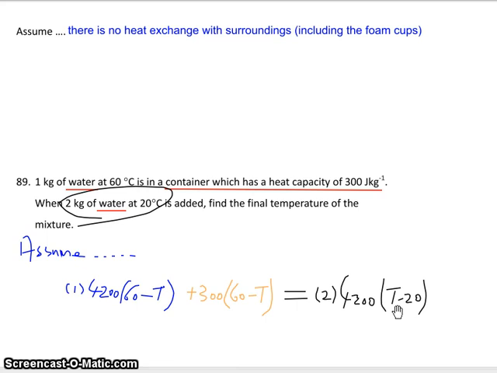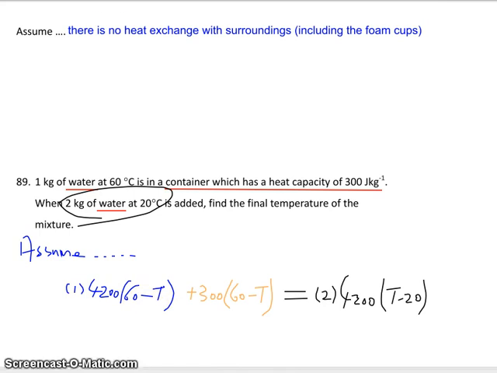By the way, you should know that the final temperature T is somewhere in between 60 and 20. Maybe it is 30 something, 40 something, 50 something. So you should have the temperature change on the right hand side to be T minus 20, while this is 60 minus T on the left hand side.